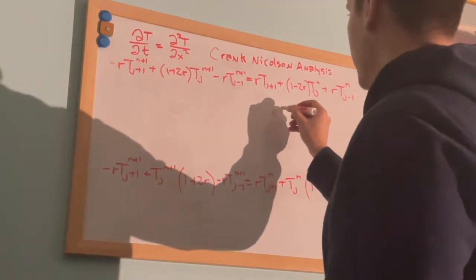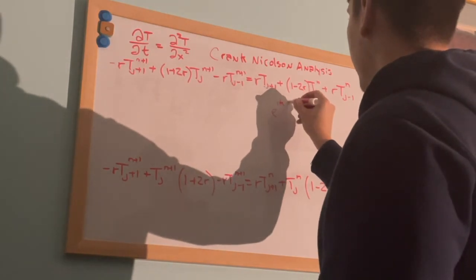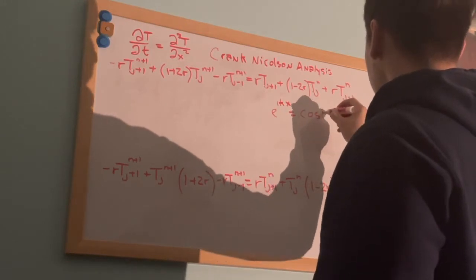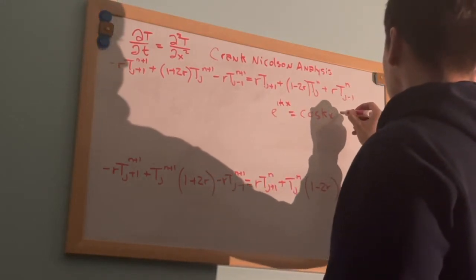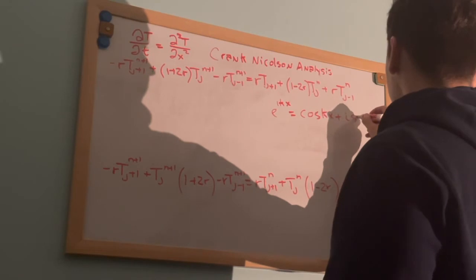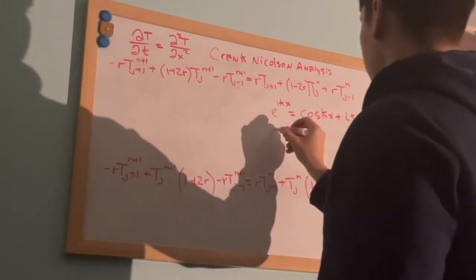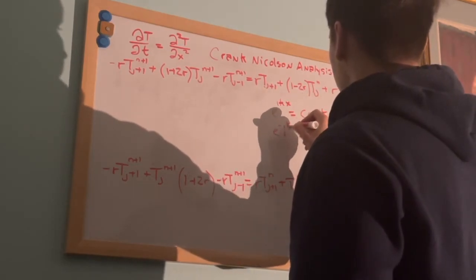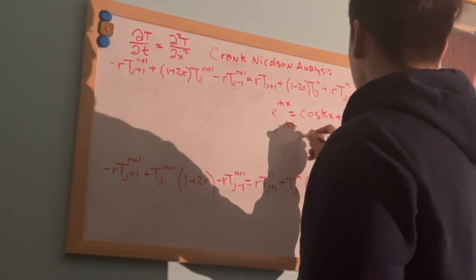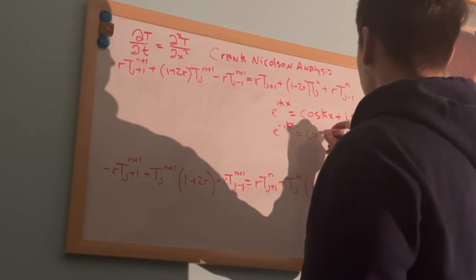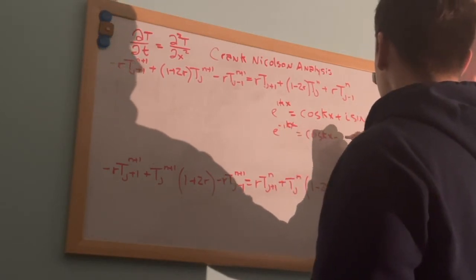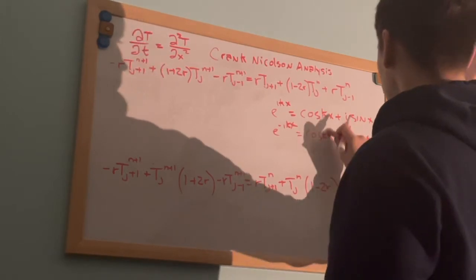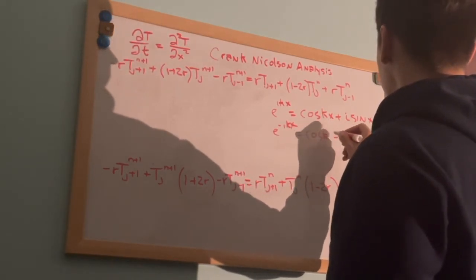We had that e to the ikx was equal to the cosine of kx plus i sine of kx, and then we had that e to the negative ikx was equal to the opposite, cosine kx minus i sine kx.